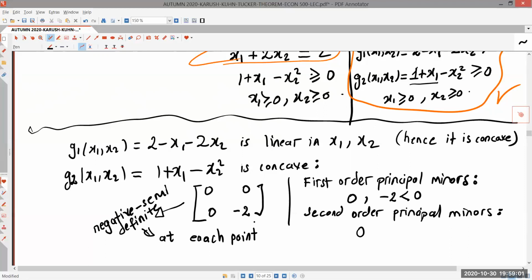Yani tamamen x'ten bağımsız olduğu için at each point on the domain of this function. Domaini ne bunun?